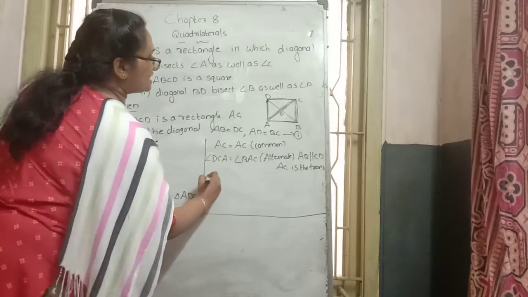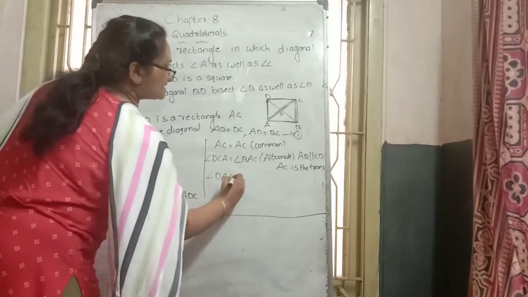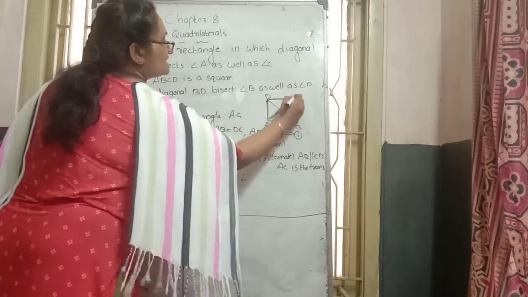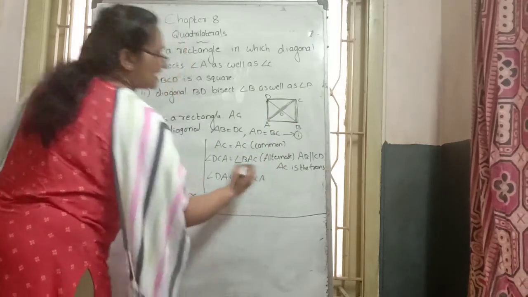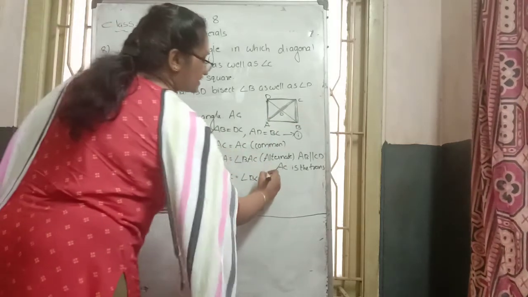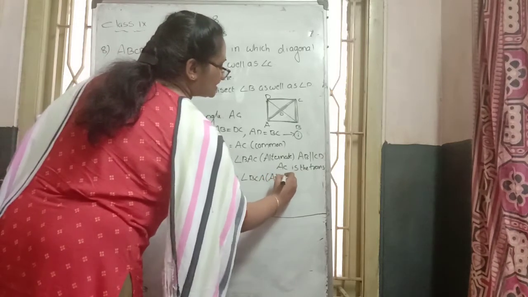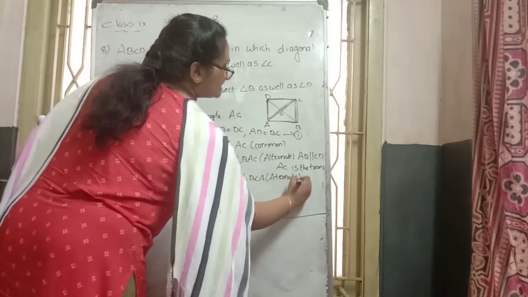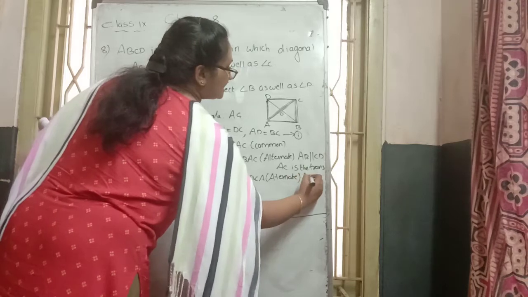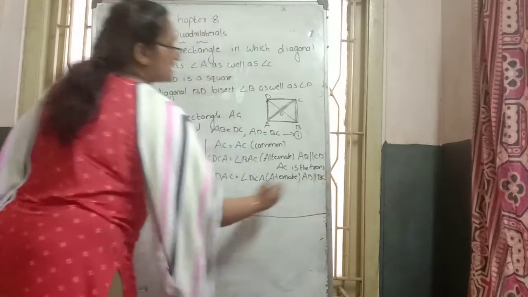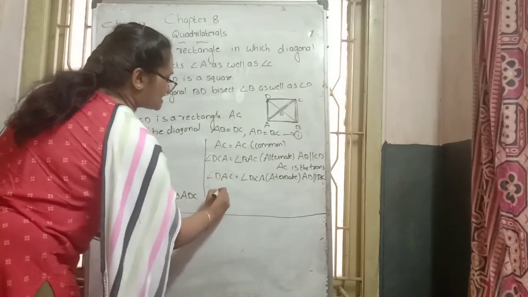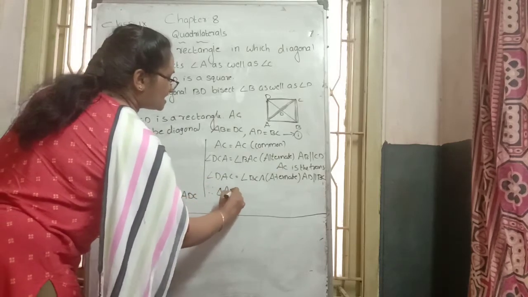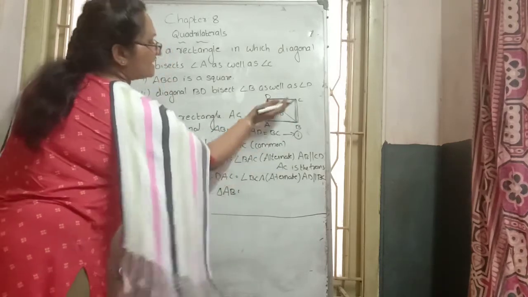So we can write angle DAC is equal to angle BCA. The reason is also alternate angles, because AD and BC are parallel lines. So three conditions are satisfied.